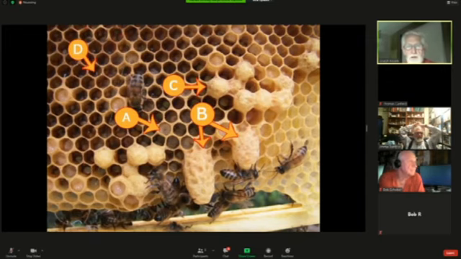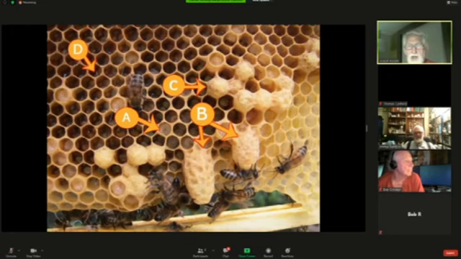Letter A is a developing worker bee, a fertilized egg, but not fed the royal jelly. And there at letter D, you can see an egg that's just been laid within the last day or two and still has the potential to become a queen if the workers decide to feed it the royal jelly.